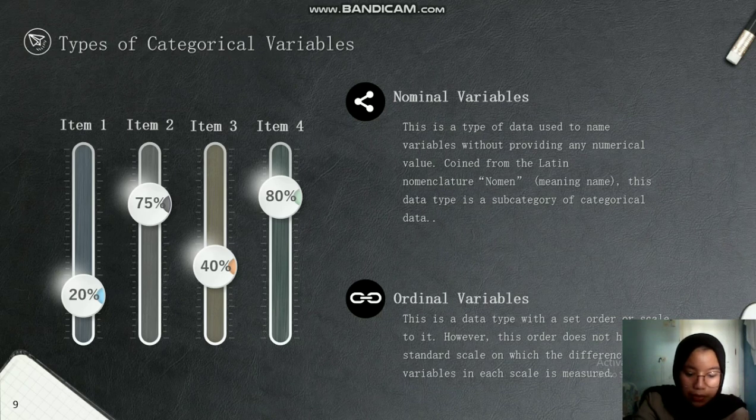Some ordinal examples include Likert scale, interval scale, bug severity, customer satisfaction survey data, and etc. Each of these examples may have different collection and analysis techniques, but they are all ordinal data.